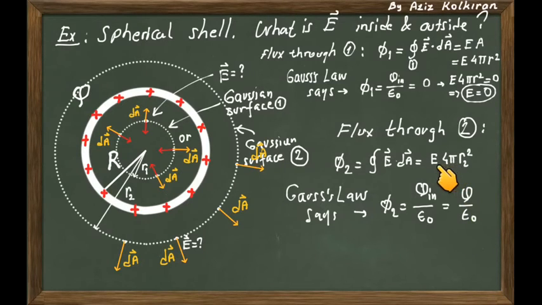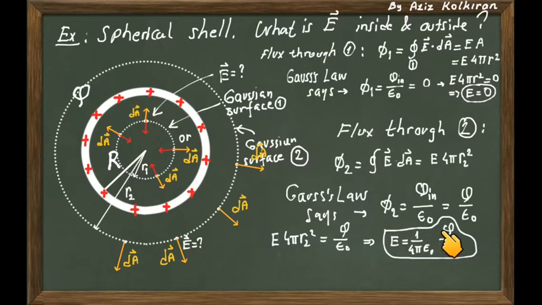And the rest is just to equate these two expressions, E times 4πr² and Q divided by epsilon 0. And if you solve for E, the strength of the electric field, the result is nothing but the electric field of a point charge, where it seems like all the charge, which is symmetrically distributed over the spherical shell, is concentrated at the center, right?